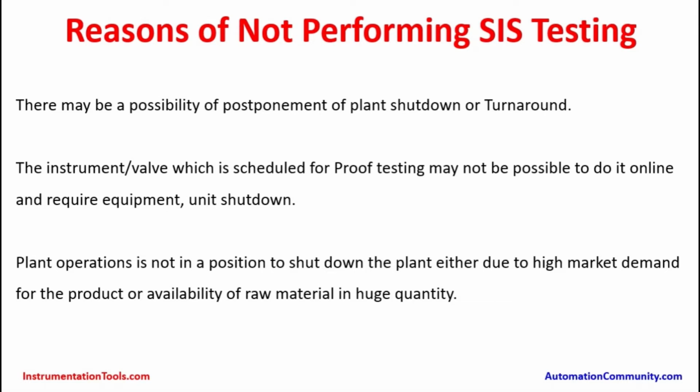But in some cases, there could be only one instrument, which is also on the main process line, and shutdown of such instruments is not possible due to the equipment running continuously, and there is a huge demand in the market for the particular product. The plant operations will not be ready to stop the production and give an isolation for the sake of proof testing. So they would like to move it to the next available opportunity.